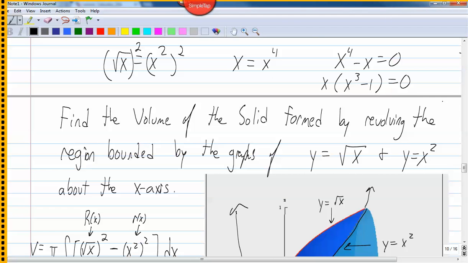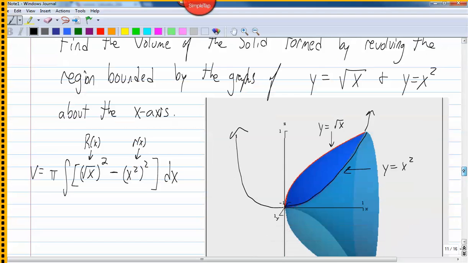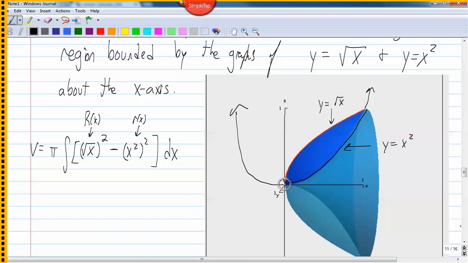So I have x equals 0 and x cubed equals 1. How do you solve that? Take the cube root of both sides. So x equals 1, x equals 0. That's the two solutions. Well, look here. X equals 0 is right here. X equals 1 is right here. Those are my boundaries, 0 to 1.